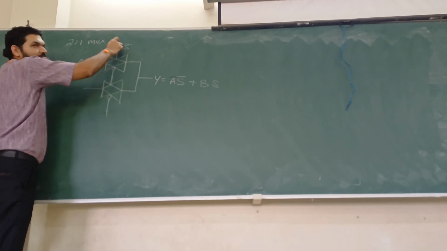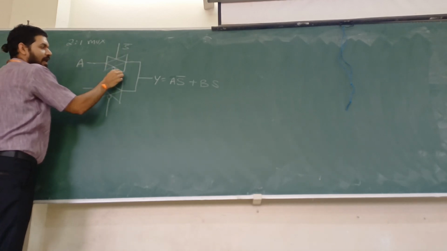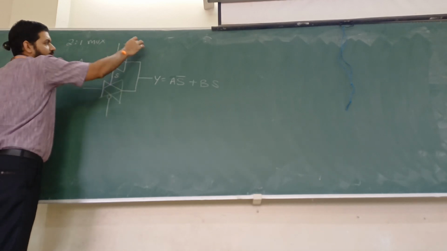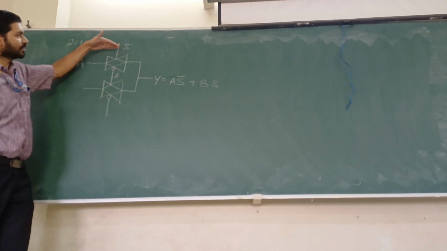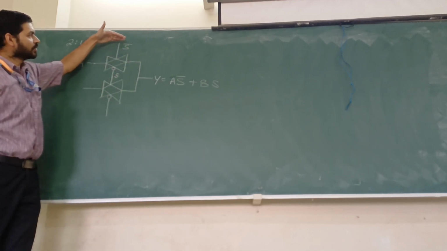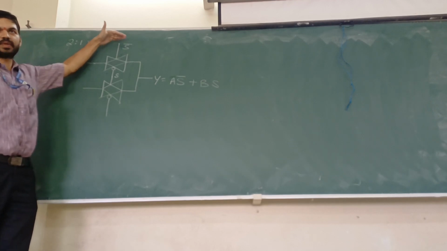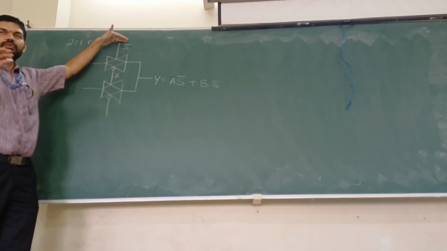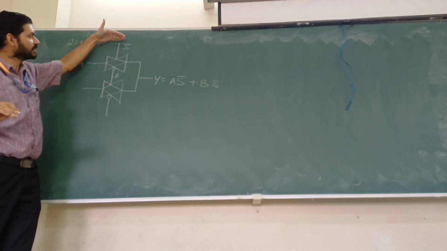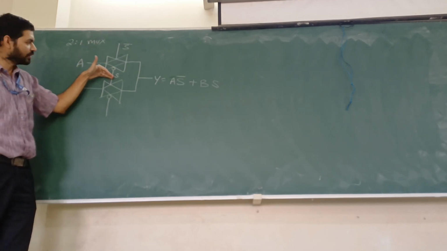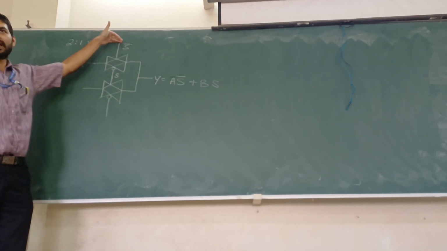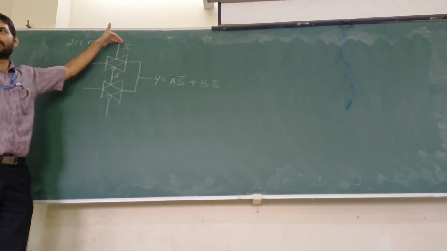So if here I have S bar, here I will have S, because generally in a TG, one gate of PMOS or NMOS, if one has 0, the other will be 1, or if here I have 0, here it will be 1. That convention we follow.